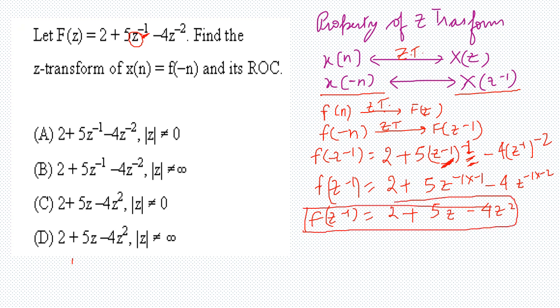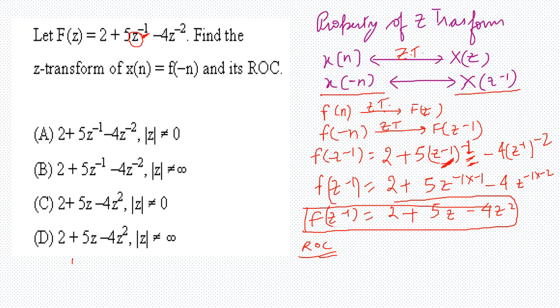Now you can check that it matches two options, option C and option D. We need to eliminate one of them, and you can see the ROC is different here. For finding the ROC, remember it is the region of convergence, the values of mod of z for which the Z transform is defined.